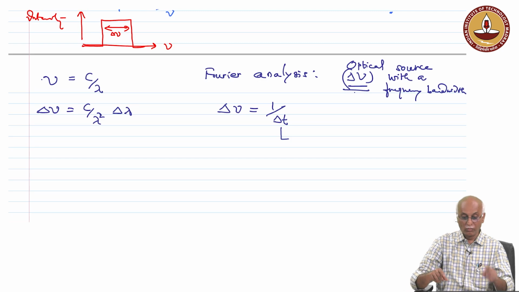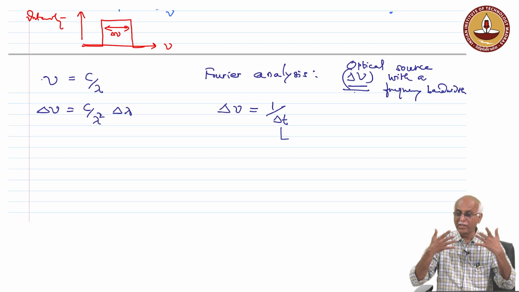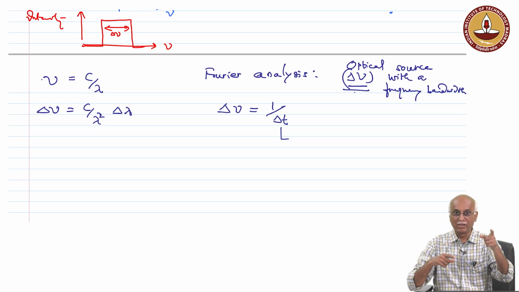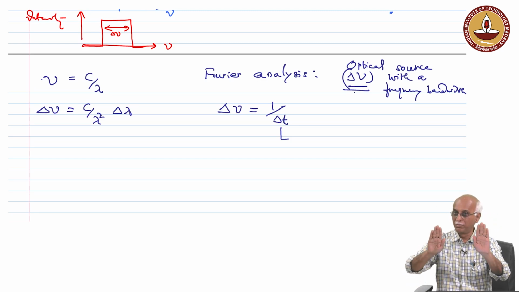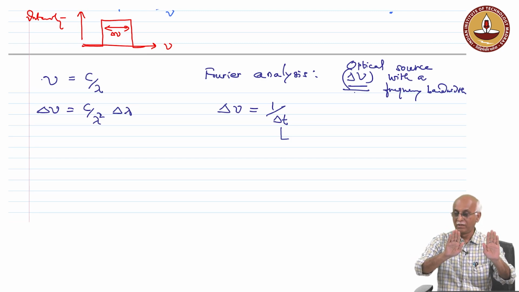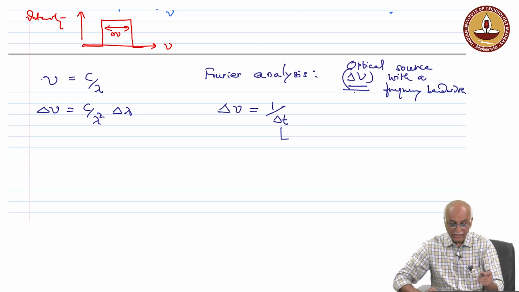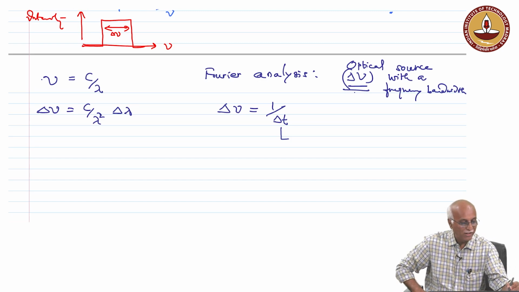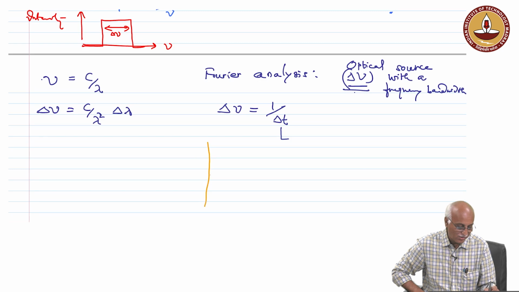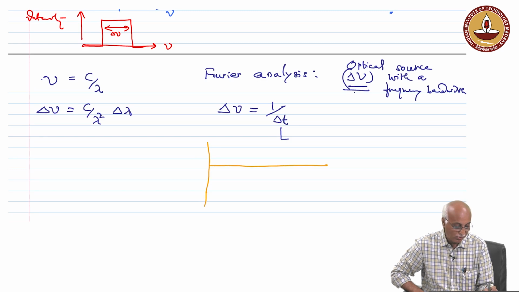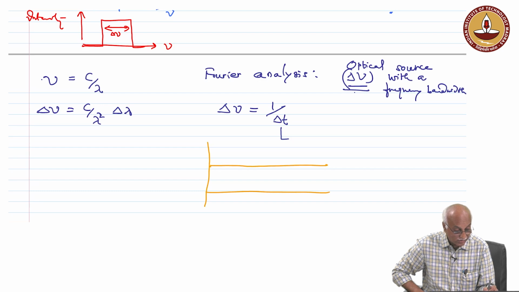Physically, what do you mean by this? Let us say there are two waves, lambda 1 and lambda 2. If wavelengths are different, what happens? I may not be able to draw perfectly, but let us say both these waves start with 0 as the reference.